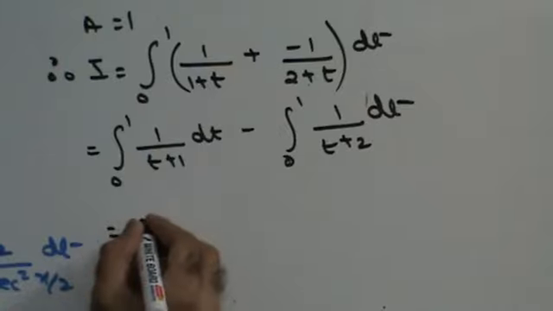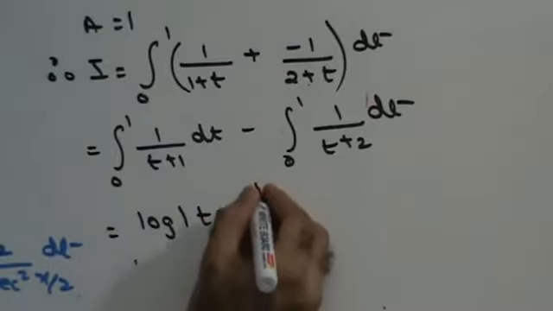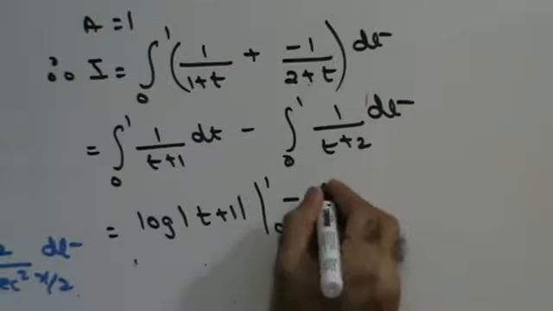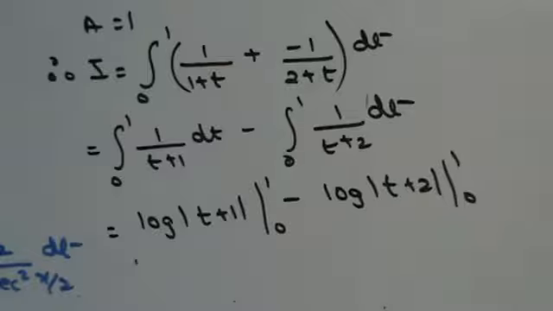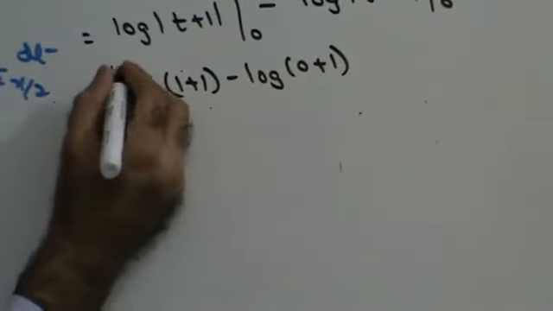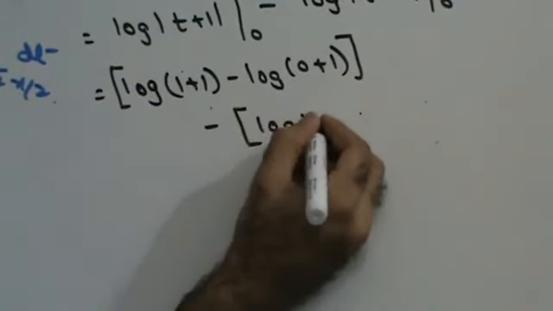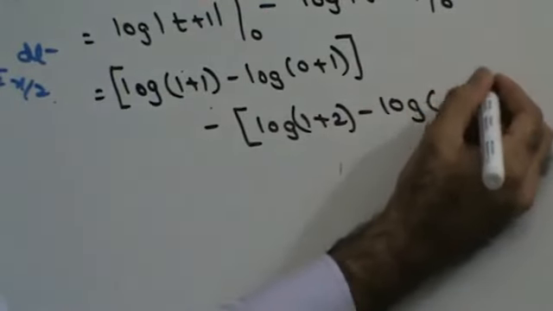So this is going to be 1 upon 1 log mod t plus 1 with limits 0 to 1, minus 1 upon 1 log mod t plus 2 with limits 0 to 1. So this is going to be log upper limit minus lower limit: log of 1 plus 1 minus log of 0 plus 1, minus log of 1 plus 2 minus log of 0 plus 2.